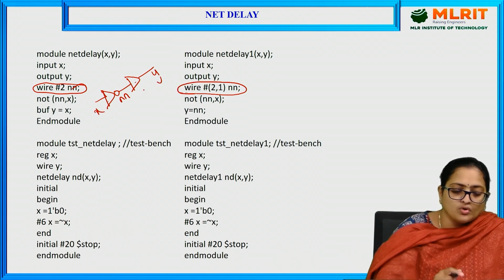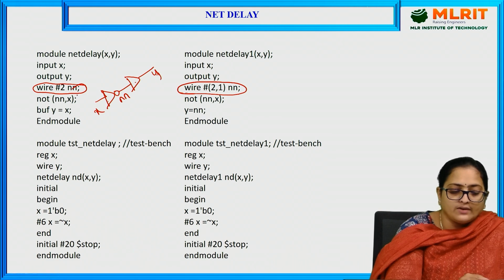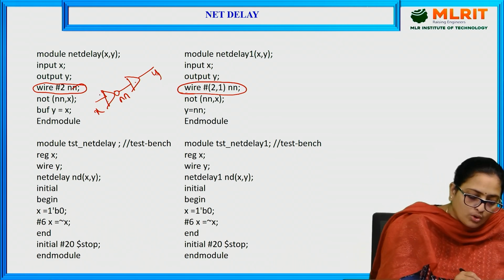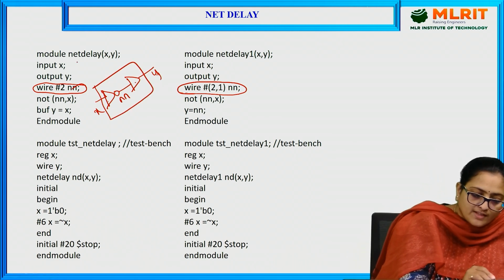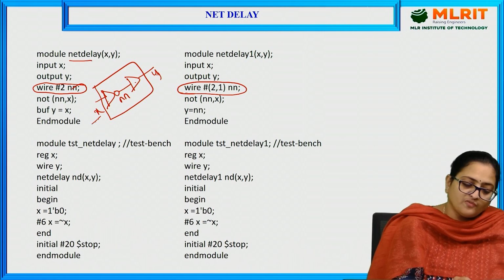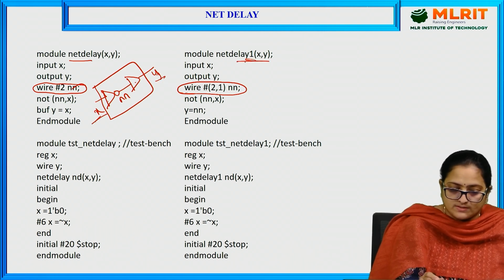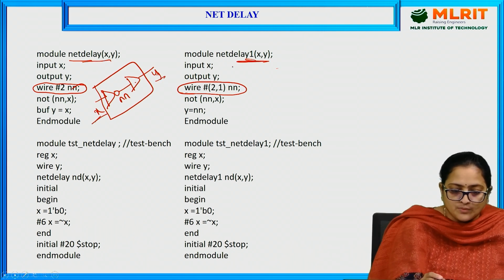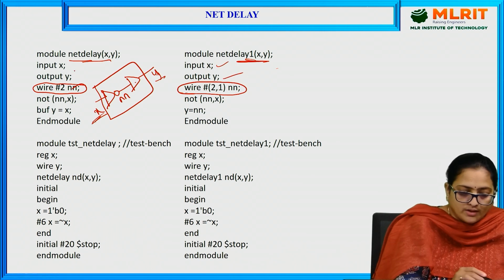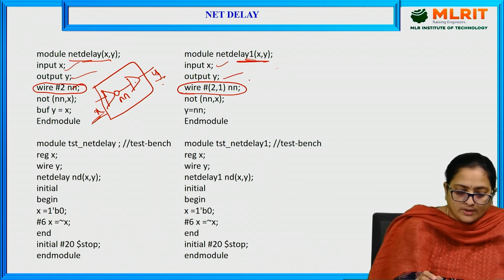For this module, a program has been written with the net delay. The module name is given as net delay, and ports have been declared with X and Y. Inputs are declared with X, and outputs are declared with Y.